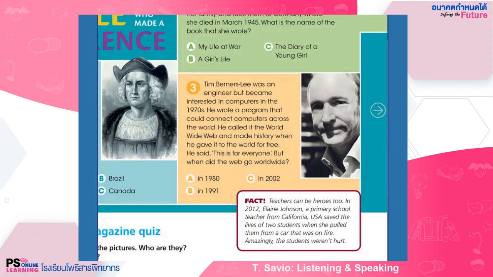A. In 1980, B. In 1991, C. In 2002. Fact. Teachers can be heroes too. In 2012, Elaine Johnson, a primary school teacher from California, USA, saved the lives of 2 students when she pulled them from a car that was on fire. Amazingly, the students weren't hurt.